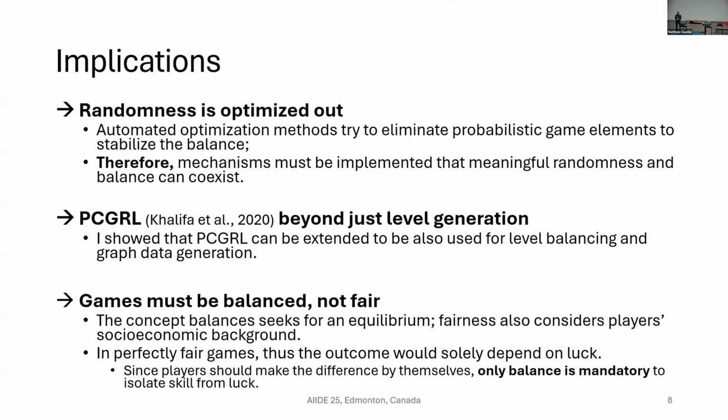It also considers the context of players, for example, how skilled they are, what their cultural background is. But in games, we want the players to make the difference. So balance forces an equilibrium. In a perfectly fair game, the outcome would solely depend on luck and not on the player's skill.